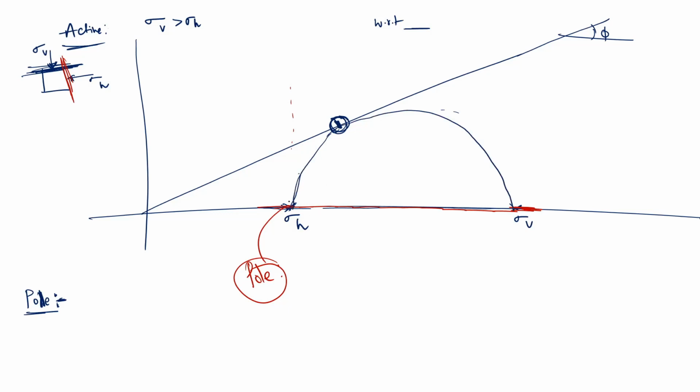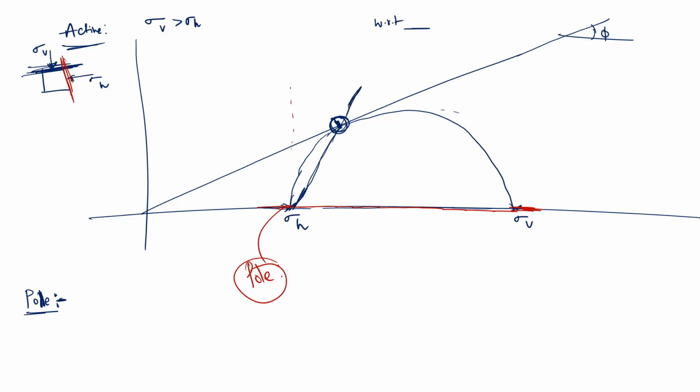Now I'll draw a line between the pole and the failure point.